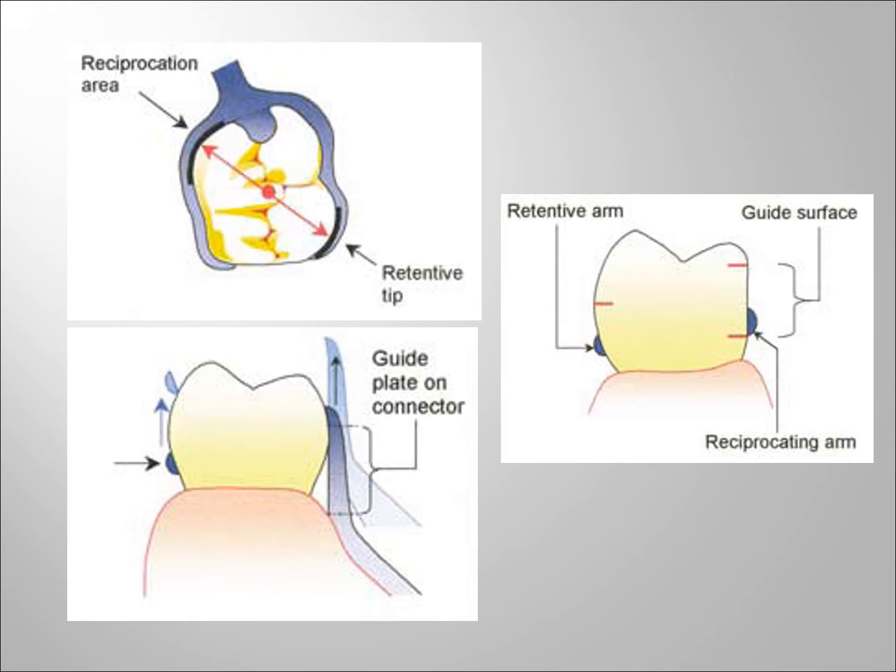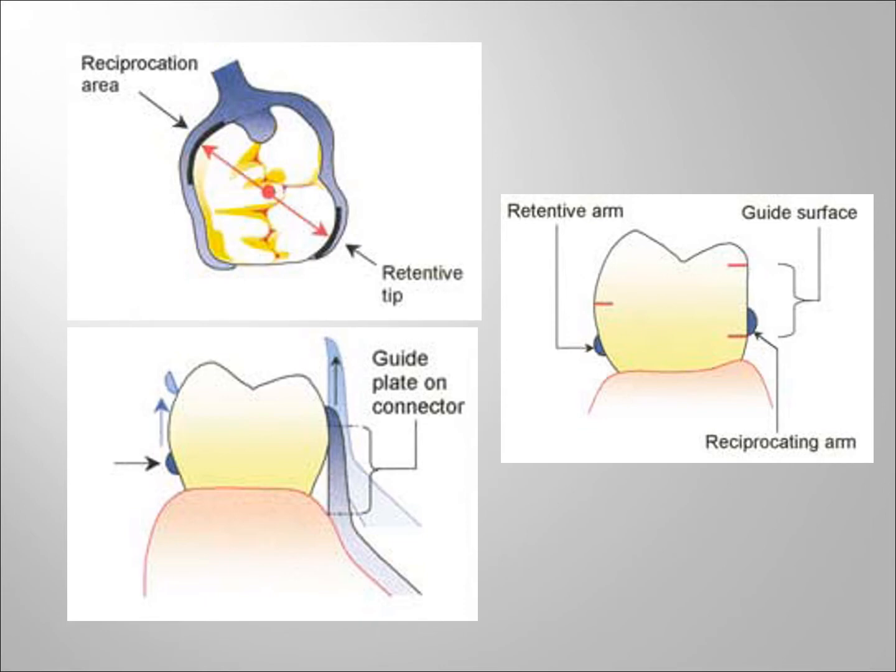This slide shows how the reciprocal component is most effective in the area exactly opposite to the retentive tip, but generally, because the clasp assembly should encircle as much as possible of the tooth structure, the reciprocal component covers usually the whole surface, not just a point.